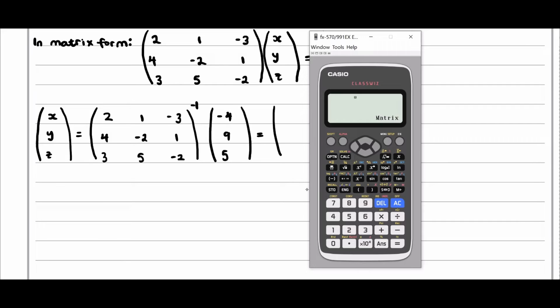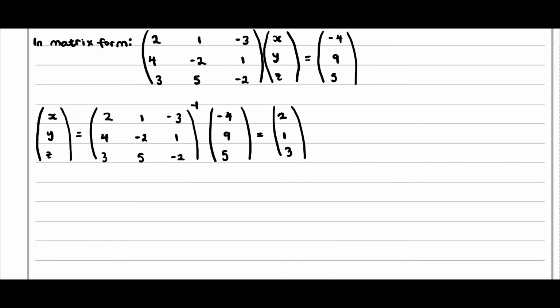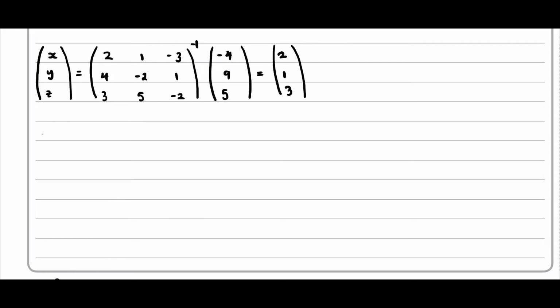So to find x, y, z, we have the inverse of A multiplied by the matrix B. We get 2, 1, 3. So having said that, we can therefore conclude x is equal to 2, y is equal to 1, z is equal to 3.